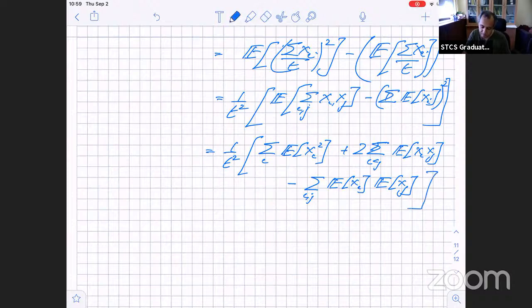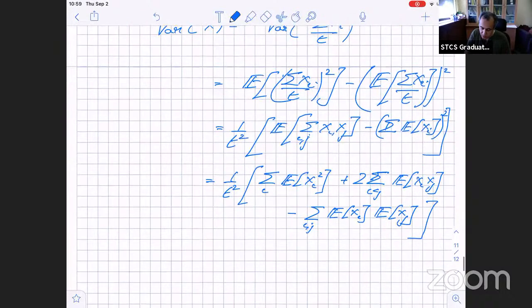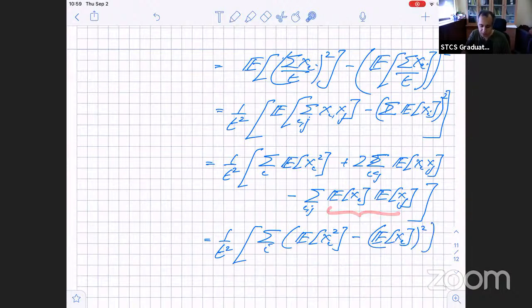This is once again 1 over t squared, the summation over i of expectation xi squared minus expectation xi whole squared. So from here, I'm picking up the i's and j's which are equal, and that contributes to this.